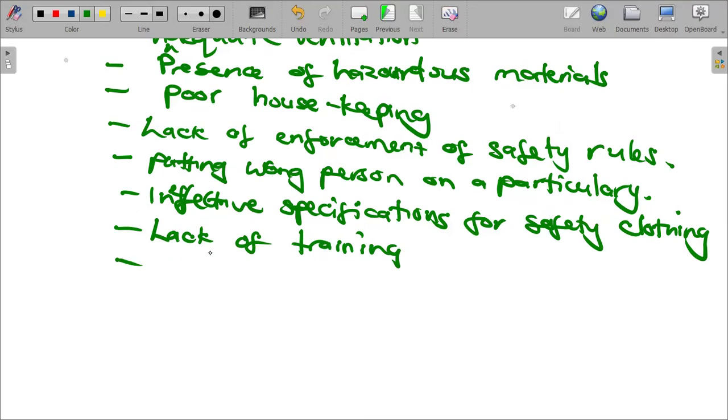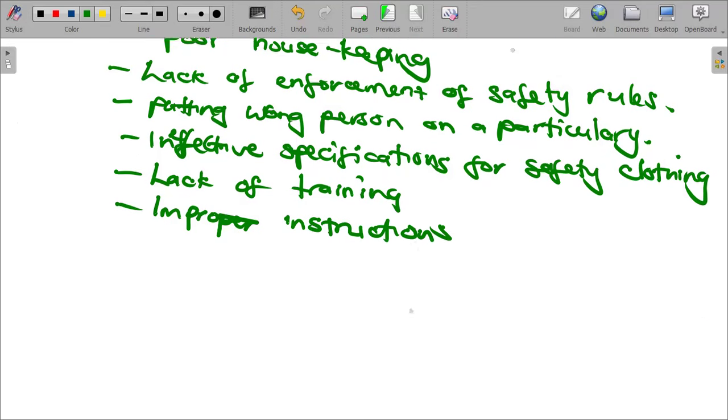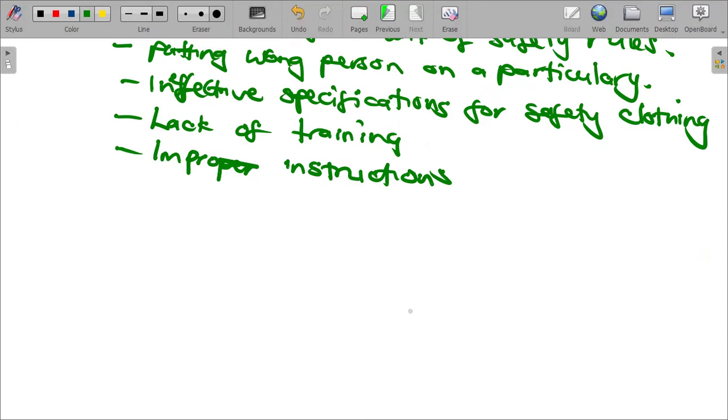It might be also due to improper instructions, when the manager is giving improper instructions. It might be also insubordination.